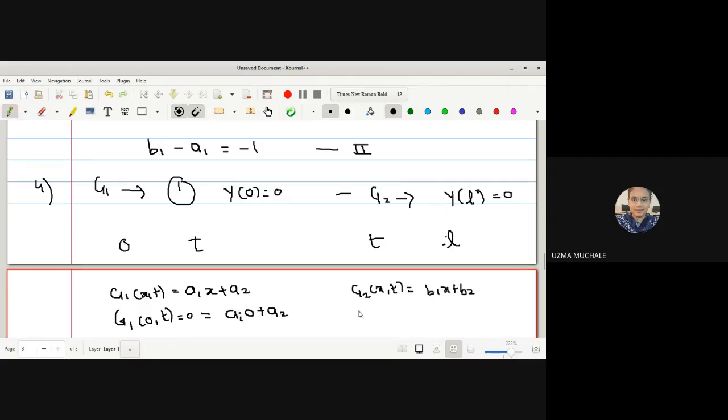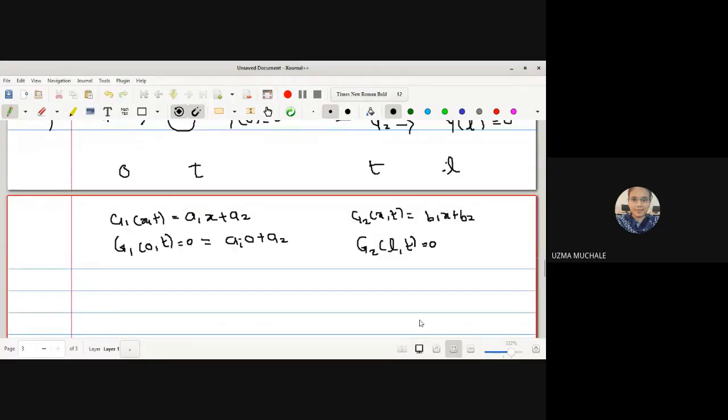Similarly, G2 of t must satisfy the second boundary condition, that is G2 of L, t should be equal to 0, which is b1L plus b2 equal to 0. Now here you can directly see the answer: a2 is equal to 0.